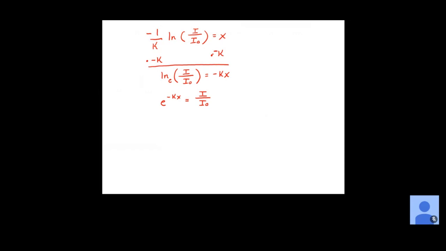Okay, so multiply by I0, right? So times I sub 0 on both sides. So now we have I sub 0 times e to the -kx equals I. So there's our work to actually solve for I, which represents our intensity of light. Any questions on the steps to do that?